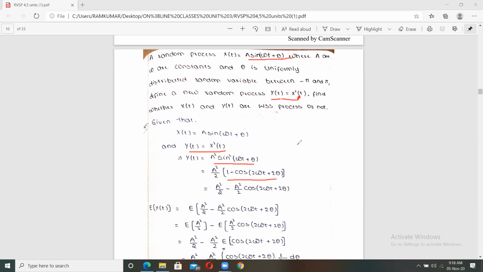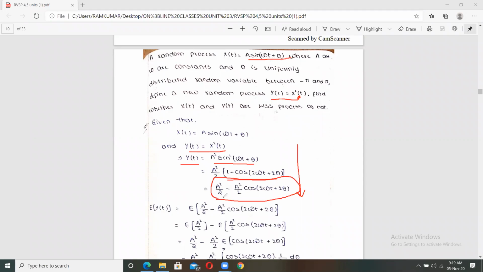It is all about trigonometric equations and formulas. Right? Here y of t, finally we got a square by 2 minus a square by 2 into cos 2 omega t plus 2 theta.